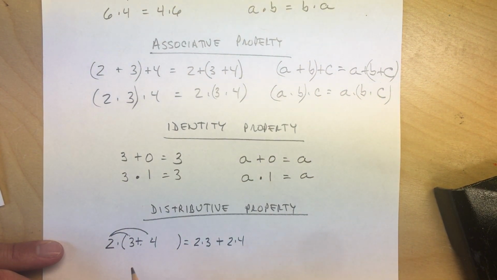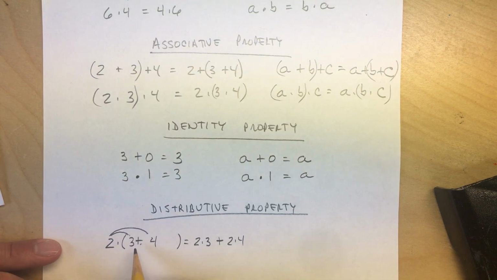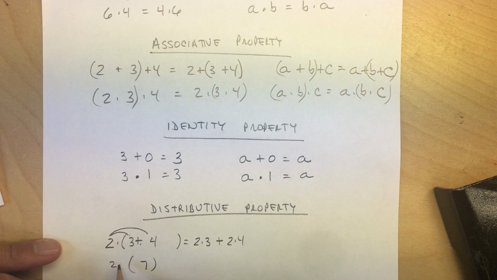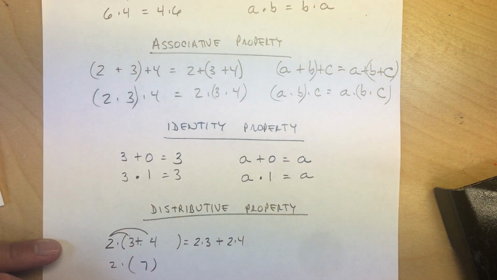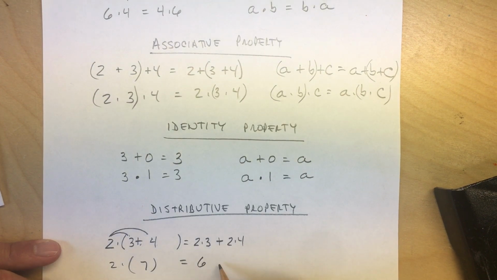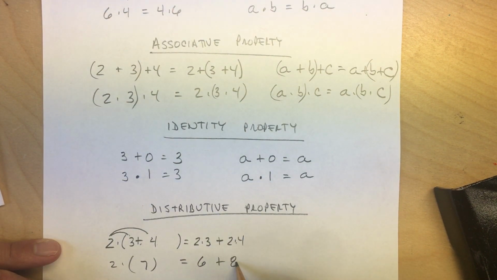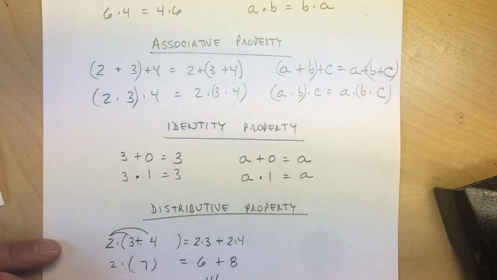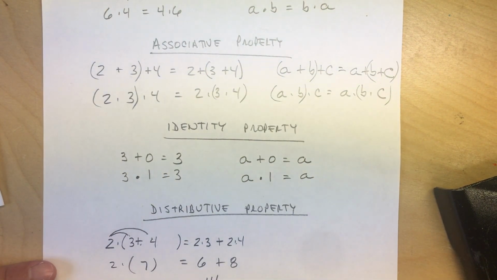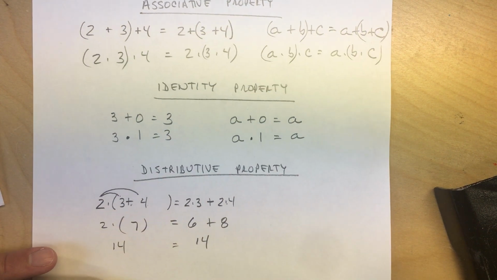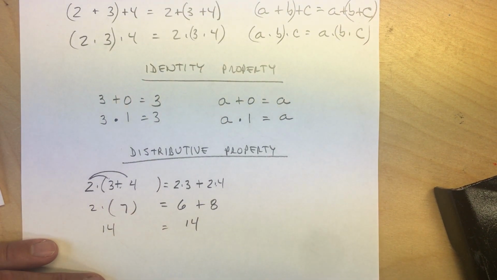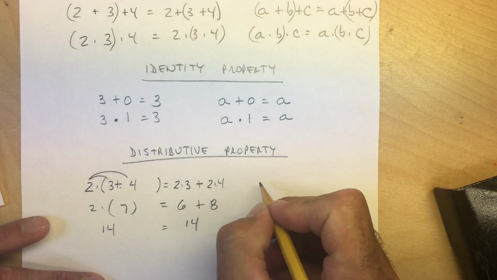Let's check this out doing our order of operations. On the left side, we'd have 7 inside the parentheses, and then times 2, which gives 14. Over here, we would have 6 plus 8, and if we add those, we get 14. So that shows how distributive works. Now, from an algebra standpoint, it looks like this.